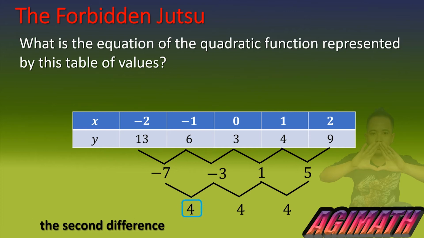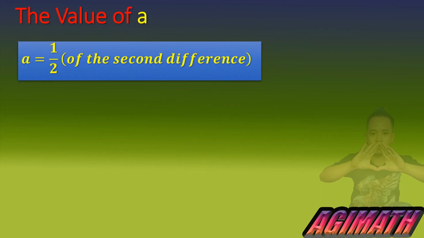Remember, the second difference will be used to find the value of a, and the question is how. The answer is this: the value of a is equal to 1/2 of the second difference. Just take the half of it, or simply divide the second difference by 2.